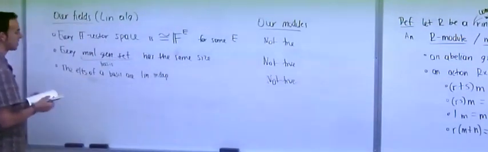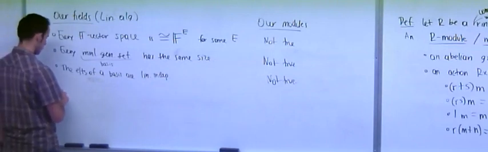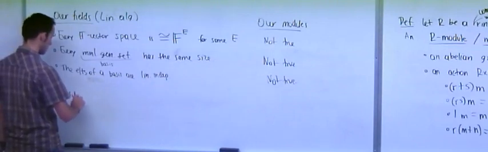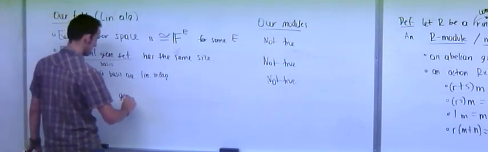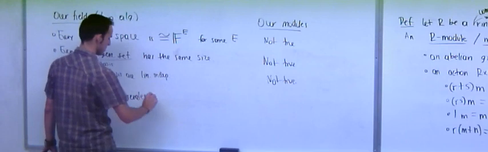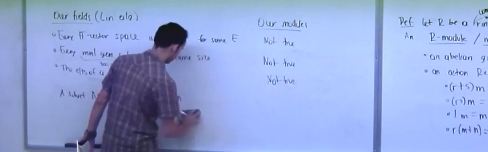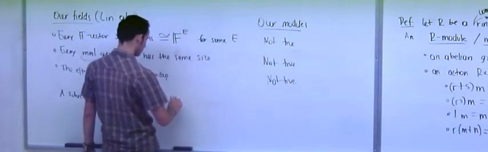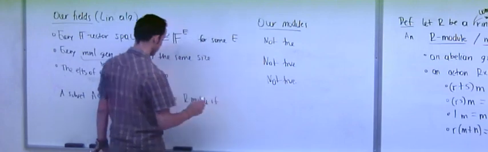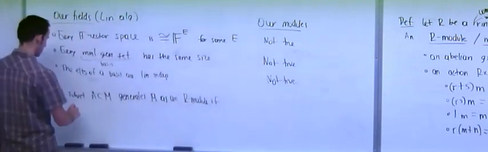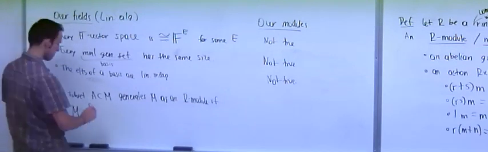Okay. What's a generating set? I should first tell you what that is. A subset A of the module generates it as an R module if everything in the module can be written as a linear combination of things in A, right?